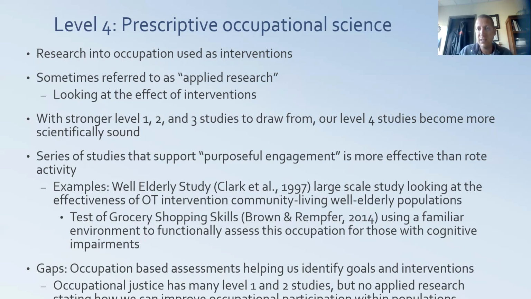And based on having the client go through and do this grocery shopping skill assessment, we can predict what their cognitive impairments are. Okay, so it's really quite cool. Again, we have gaps. We could always use more occupation-based assessments that help us identify goals and interventions.